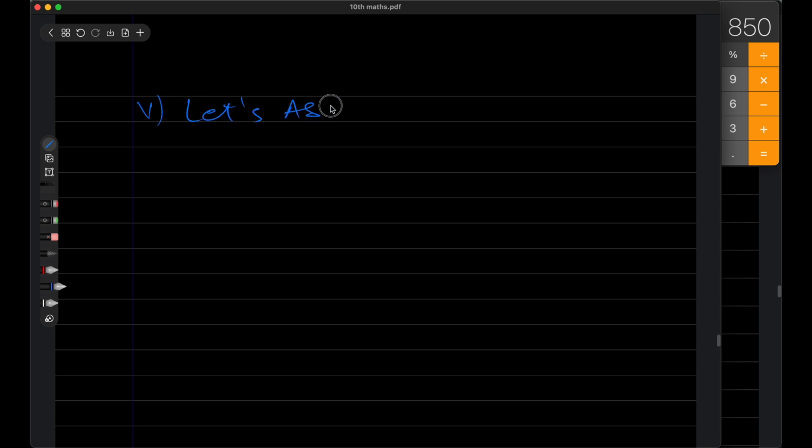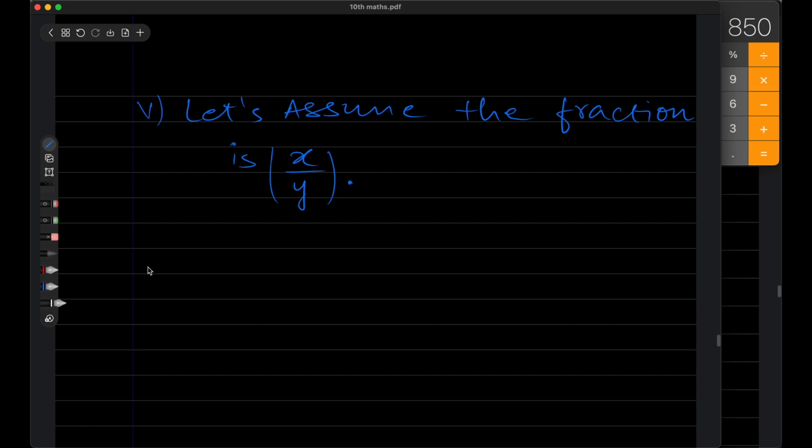Let's assume the fraction is x upon y. Now the statement, that is fraction becomes 9 by 11 if 2 is added to both numerator and denominator. So if we add 2 to numerator, that is x plus 2, and 2 to denominator, that is y plus 2, the fraction becomes 9 by 11.